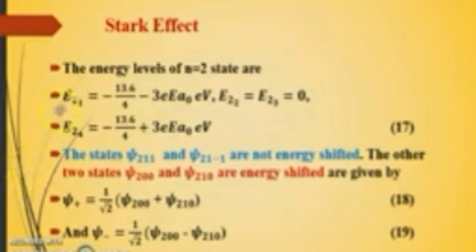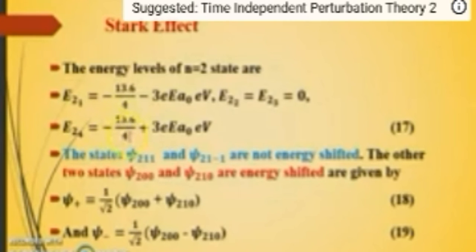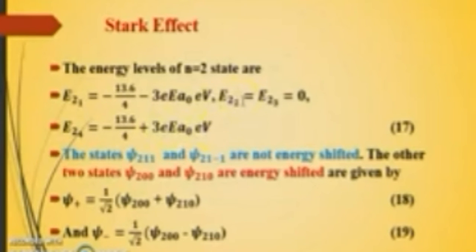So the energy levels of n equals 2 states are as follows. E1 is minus 13.6 by 4, this is the unperturbed energy level, minus 3 e a naught, this is the correction term, and E2 for that is minus 13.6 by 4 again, unperturbed energy value, plus the correction term 3 e a naught, in electron volts, and the other 2 states are having 0 values.